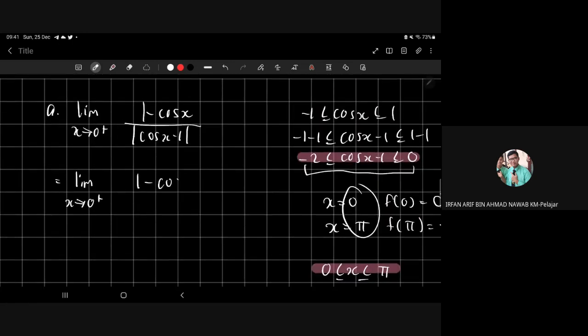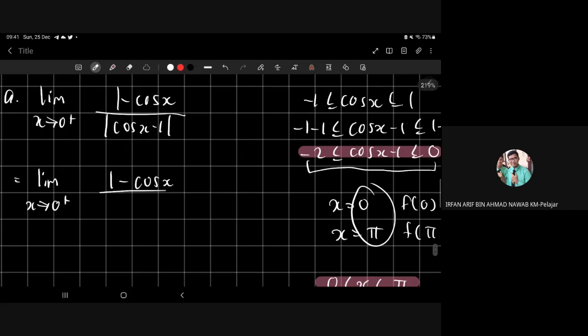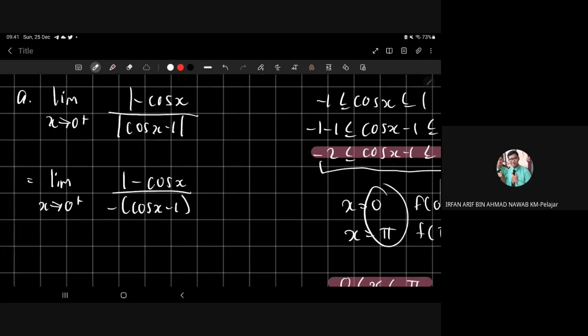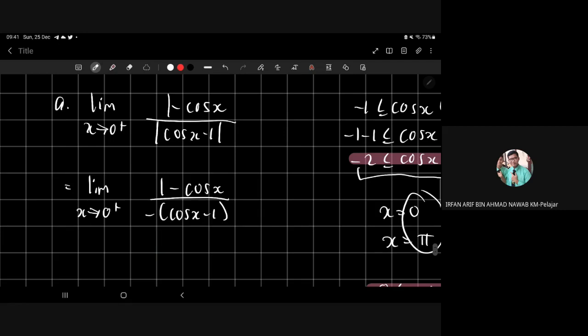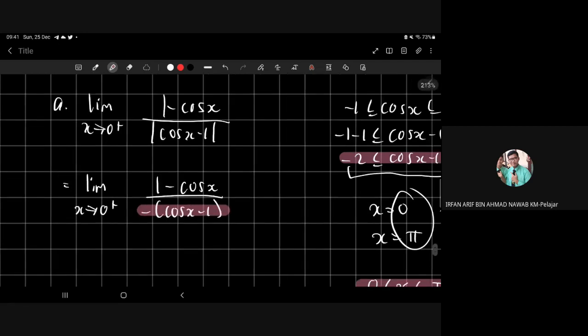1 minus cosine of x divided by negative of cosine of x minus 1. This down here is similar to up there. Both of them still give us a positive value, meaning that I didn't change my definition of an absolute function.